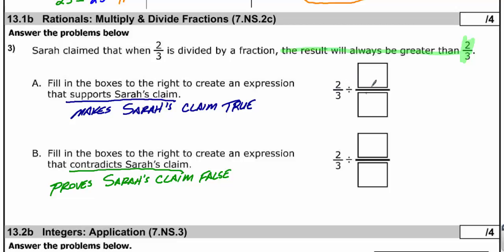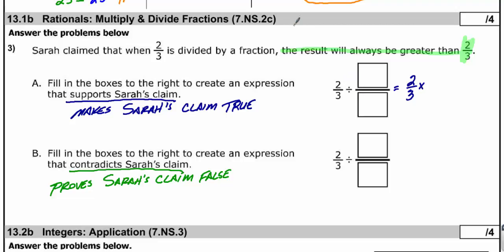We're going to divide by something that will give us a number, an answer, greater than 2/3. Think about what happens when we do division of fractions. When we do division of fractions, we actually multiply. We take that 2/3 that we started with, and we multiply by the reciprocal of this division.